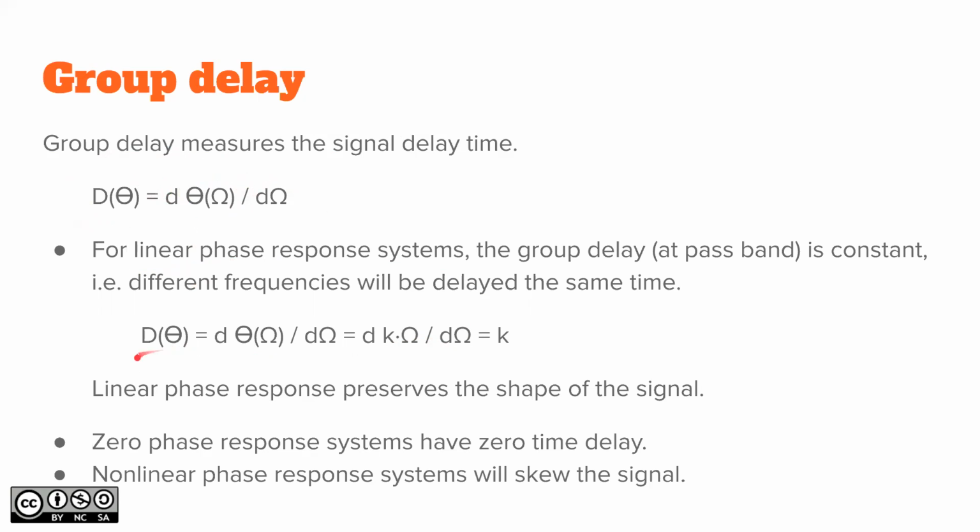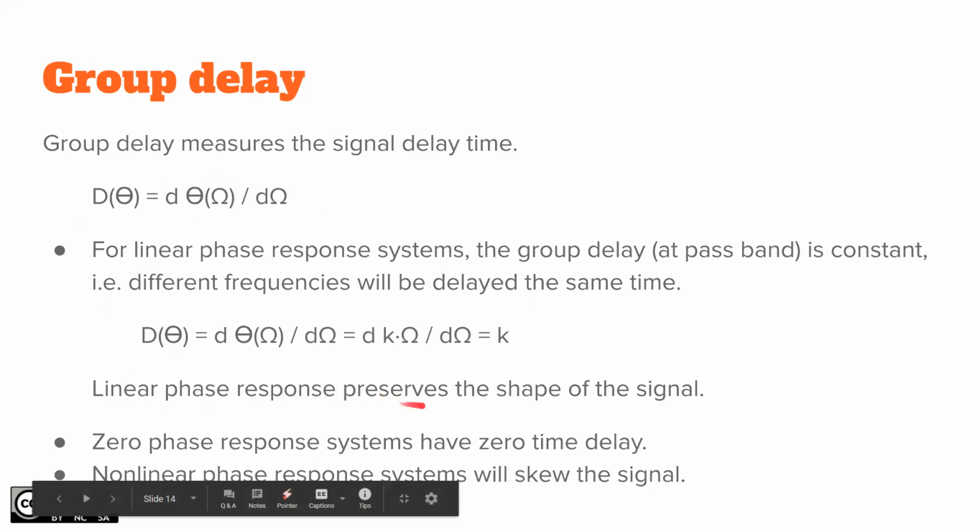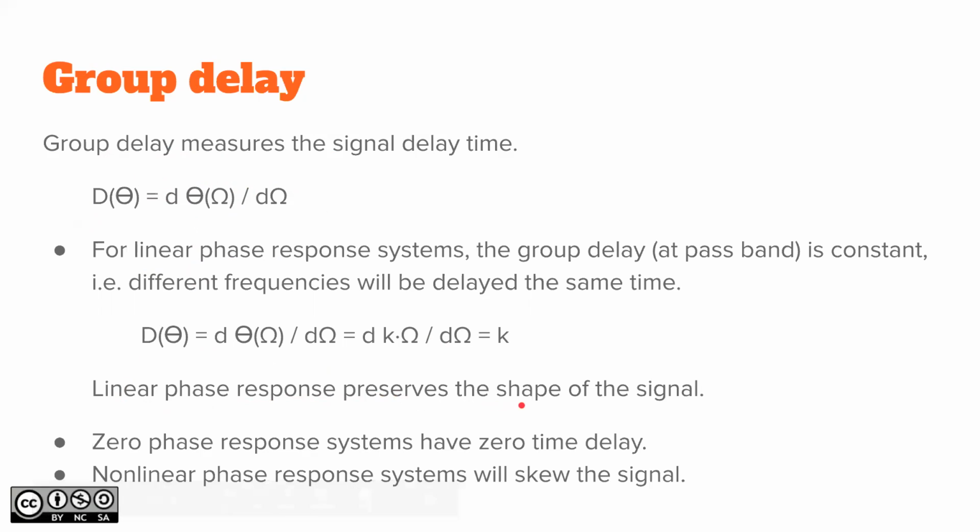And the linear phase response preserves the shape of the signal because the time delay of the signal does not depend on the frequency anymore. A say 50 Hertz signal has exactly the same time delay as a 2 kilohertz signal, same delay as a 20 kilohertz signal. Whatever the frequency is, the time delay is the same.